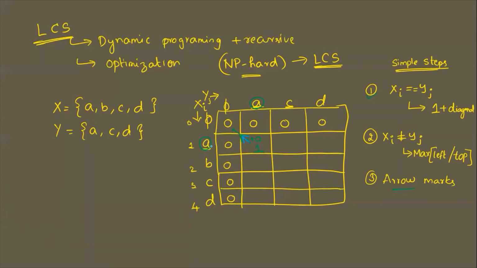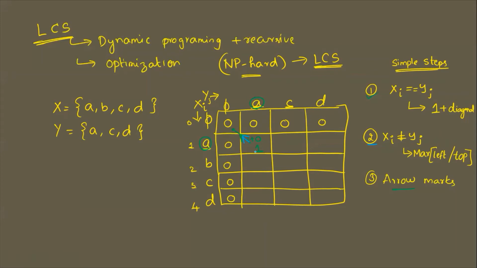Okay. Next is A and C. Both are different. Now this case is appearing. So in this case, if it is not equal, means A and C, both are different characters, you have to take the maximum of, now this is the cell. Whatever is the left or top, between these two whatever is maximum, that you have to take.